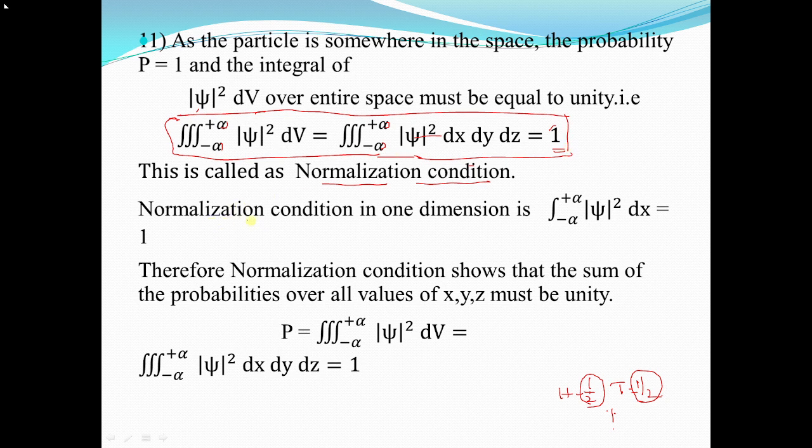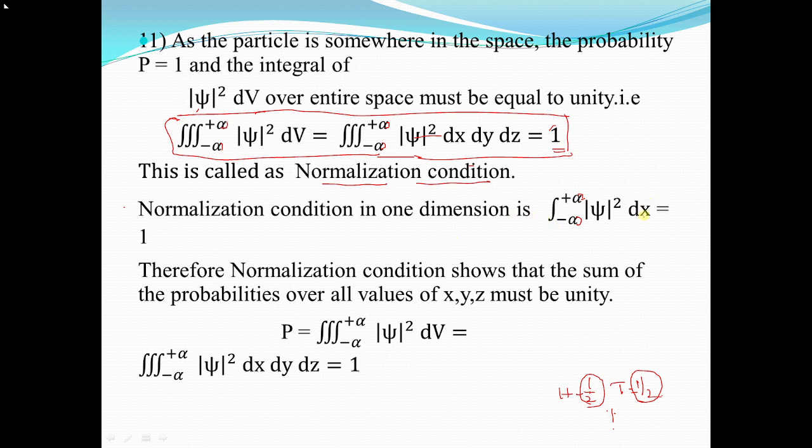If I want to write the normalization condition in 1 dimension, how to write? If it is 1 dimension, I need to take only one component. So integral from minus infinity to infinity of modulus of psi square dx is equal to 1. This is the normalization condition in 1 dimension.